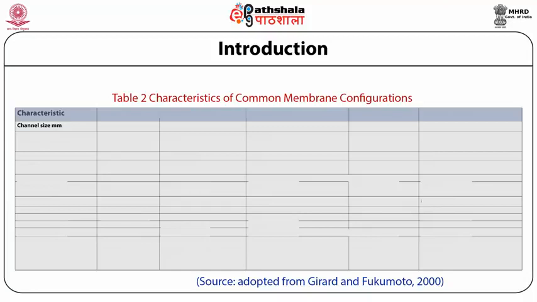Comparing channel size: hollow fiber has 0.6 to 1.1 mm, plate and frame has 0.5 to 1 mm, spiral wound has 0.86 to 1.52 mm, while polymeric tubular has 12.7 to 25.4 mm, and inorganic tubular, the mineral membranes, have 2 to 19 mm.